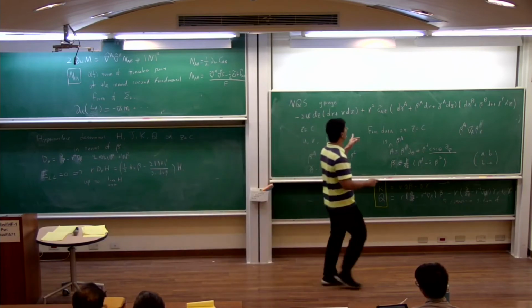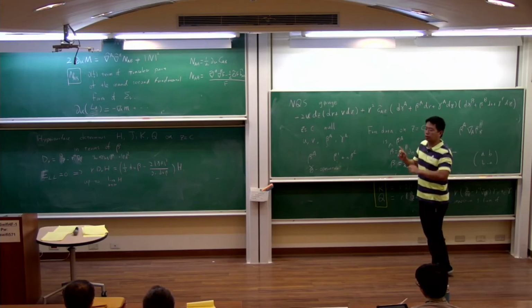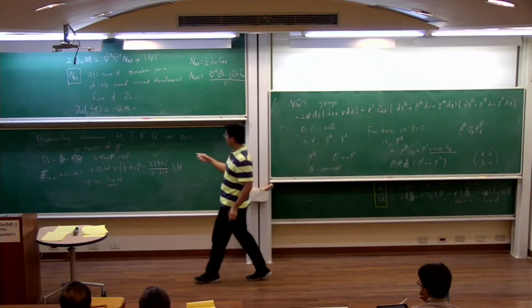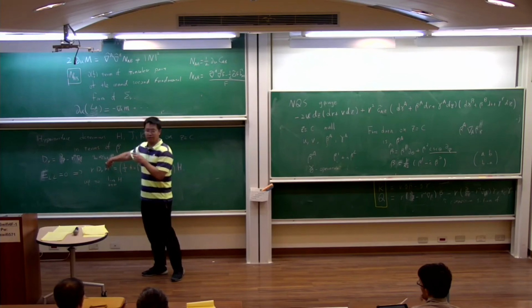I think you get, all of them are beta norm squared. You get +1, and then -2.